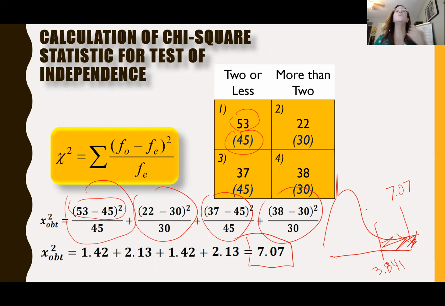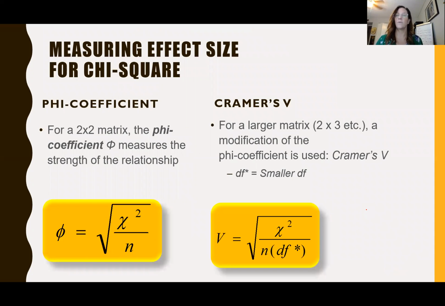So now we do need to calculate an effect size, because with chi-square test for independence, we're talking about a relationship. We can't just look at it and start easily coming up with patterns. We just need to say that there is a significant relationship between education and number of children. And then we need to provide an effect size with it, just like we did in the past.